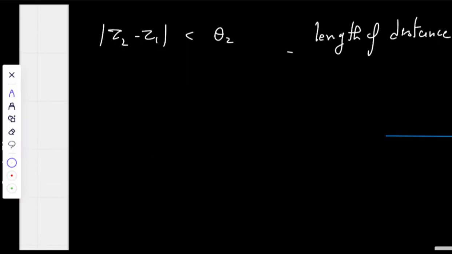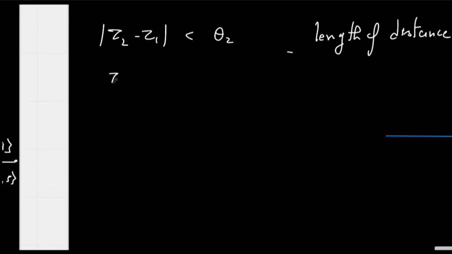θ2. Similarly, if we go for Z3 minus Z2, another point, then mod of Z3 minus Z2 is less than θ3, correct?